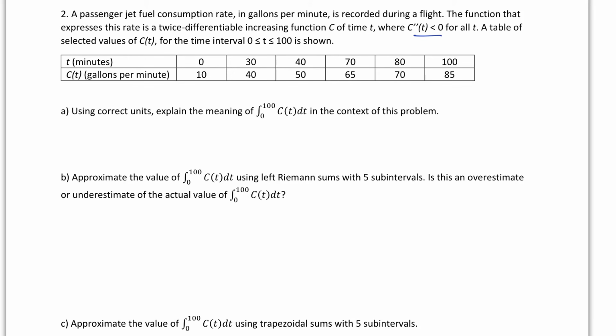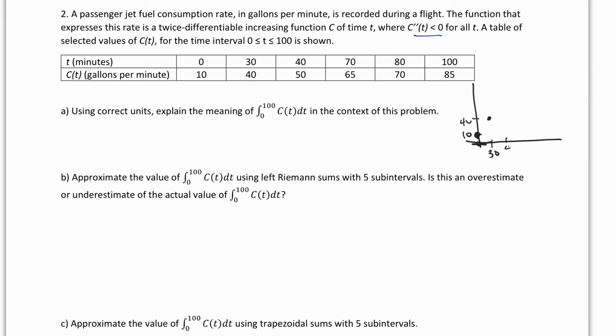What are we going to do? We're going to quickly sketch a graph of this. So here's what I got, this graph right here. I've got some values, and let's put these values on there. 0, 10, we're going up to 100, so that's why I put that right there. Then we've got 30, and we're going up to 85. 30, 40.